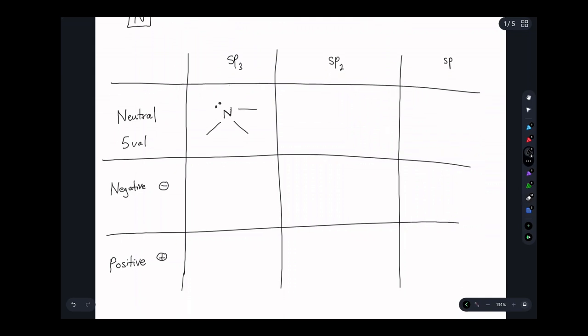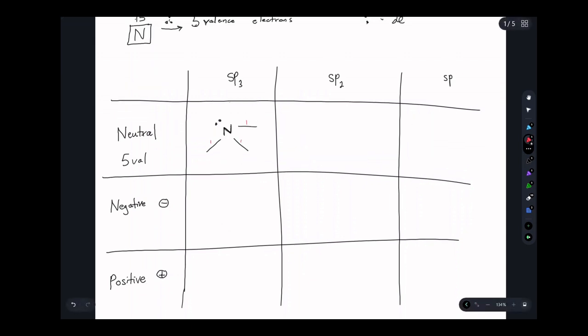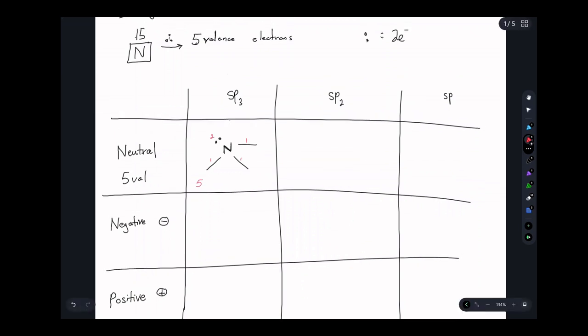What we're going to have is an atom with 3 bonds and 1 lone pair. Now, if we think about the total valence electrons here, we have 3 valence electrons from the bonds and 2 that belong to the nitrogen, giving you a total of 5. Now, this is the sp3 version of nitrogen because all of the bonds are single bonds, but more specifically, the way that I like to view it, we have 4 distinct groups around.